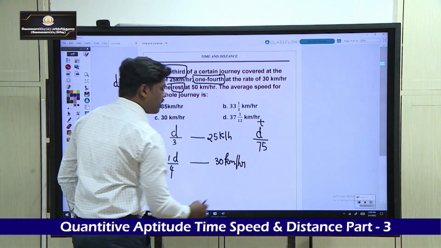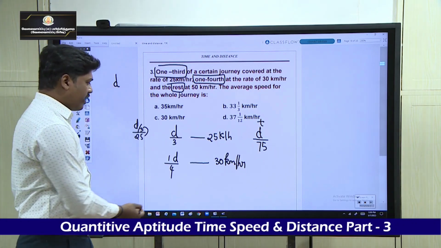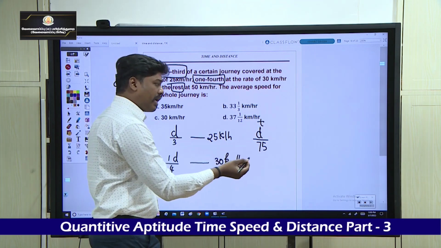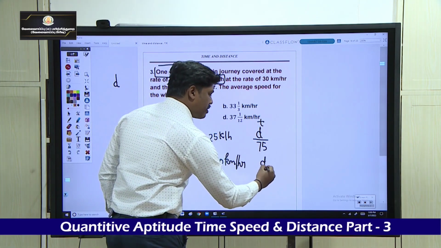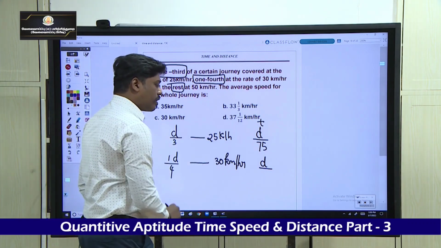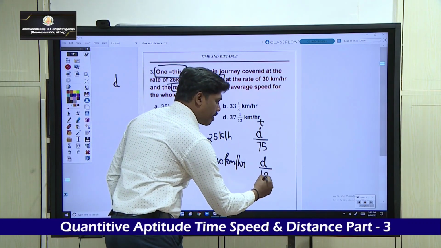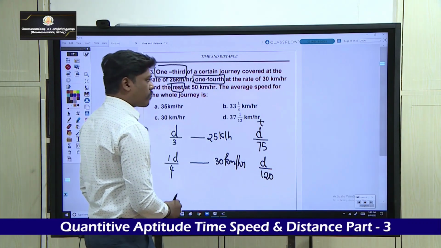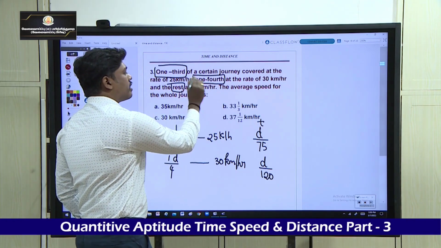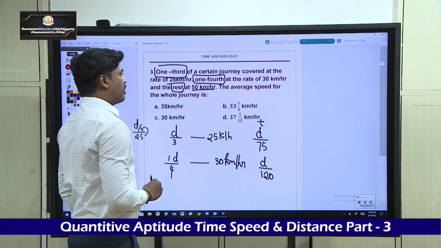So we have the distance as well as the speed. What is the time taken? Again distance by speed. Distance is d by 4, d by 4 by 30. You will be getting d by 120.